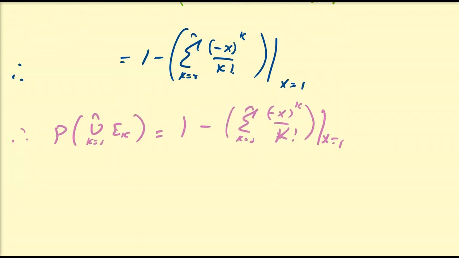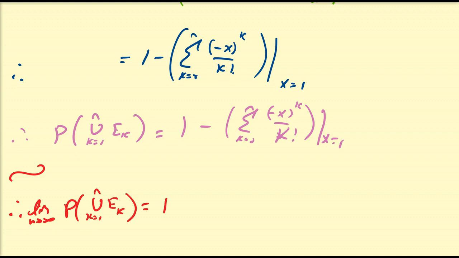The interesting property for this problem actually occurs as n gets arbitrarily large. So what we can do is take the limit as n approaches infinity of both sides. The probability of the union from k equals 1 to n of ek is going to be equal to 1 minus the limit as n goes to infinity.